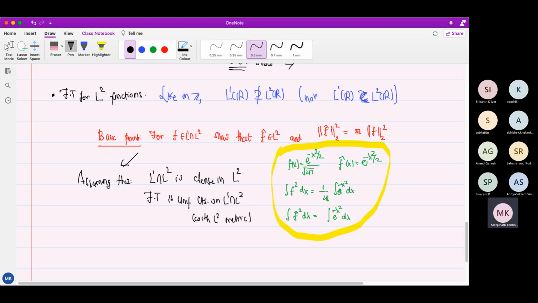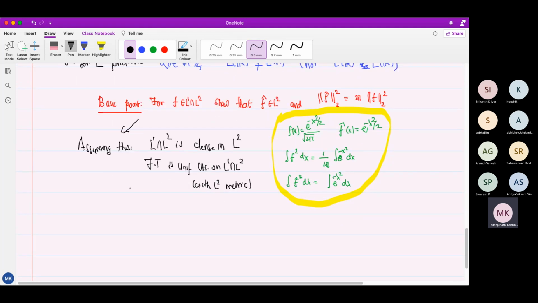This Plancherel theorem is for L2 norms, not L1 norms. If you look at L1 intersection L2 with the L2 metric, this shows that it's uniformly continuous, because the L2 norm of the Fourier transform of f minus g is the same as square root 2 pi times the L2 norm of f minus g. So this is actually uniformly continuous.